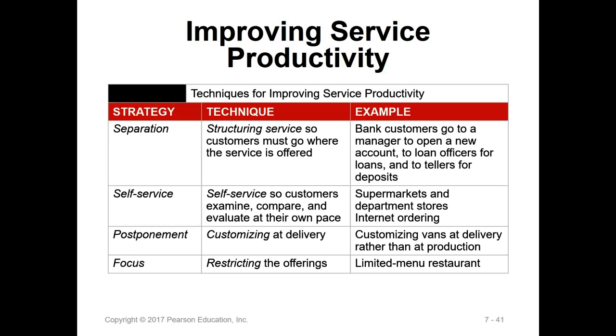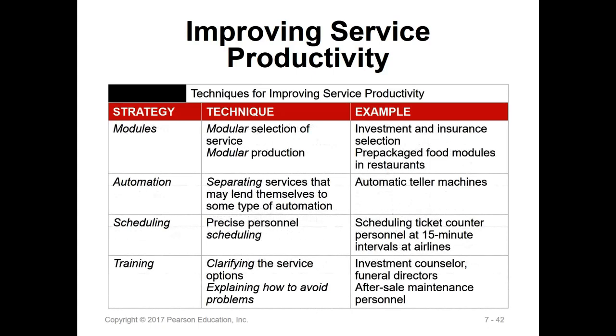And self-service. Right now, I think every supermarket, Hy-Vee and Fairway and Walmart, you can find a checkout service by yourself. Some other technologies or techniques to help you do the self-service include automation, modules, and training.